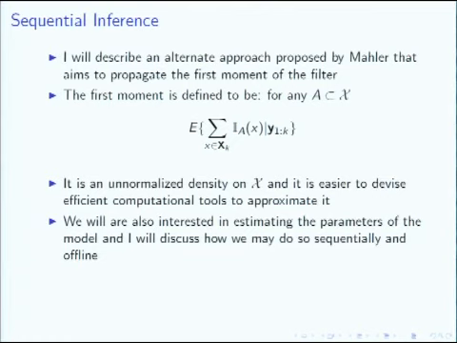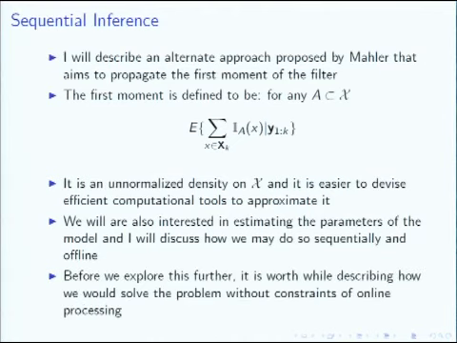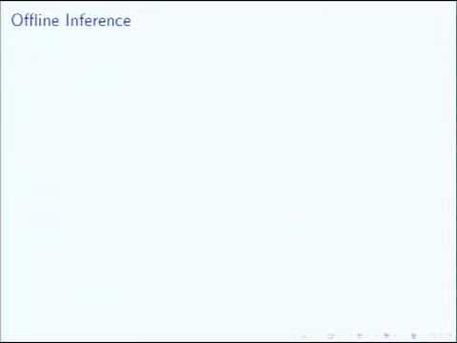We are also interested in estimating static parameters, and I'm going to discuss how you do so sequentially. First, I need to describe how you solve the problem in an offline way if you had no restrictions of sequential processing of the data. The reason is that the application I showed at the start is not solved sequentially by us.